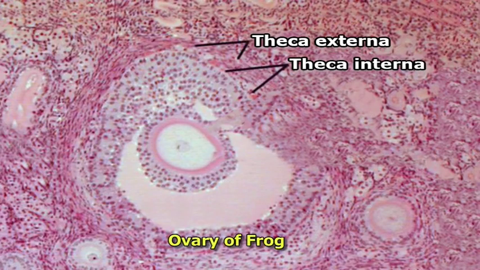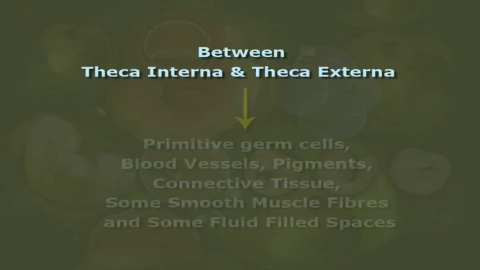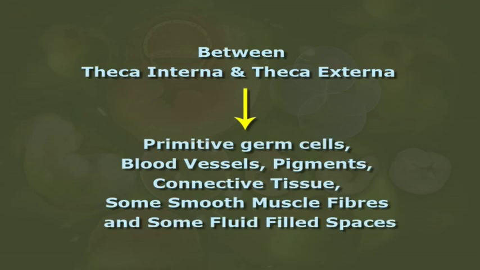The ovary of the frog is a flattened, multi-lobed structure with an inner membrane, the theca interna, and the outer membrane, the theca externa. In between these two layers are the primitive germ cells, blood vessels, pigments, connective tissue, some smooth muscle fibers and some fluid filled spaces.